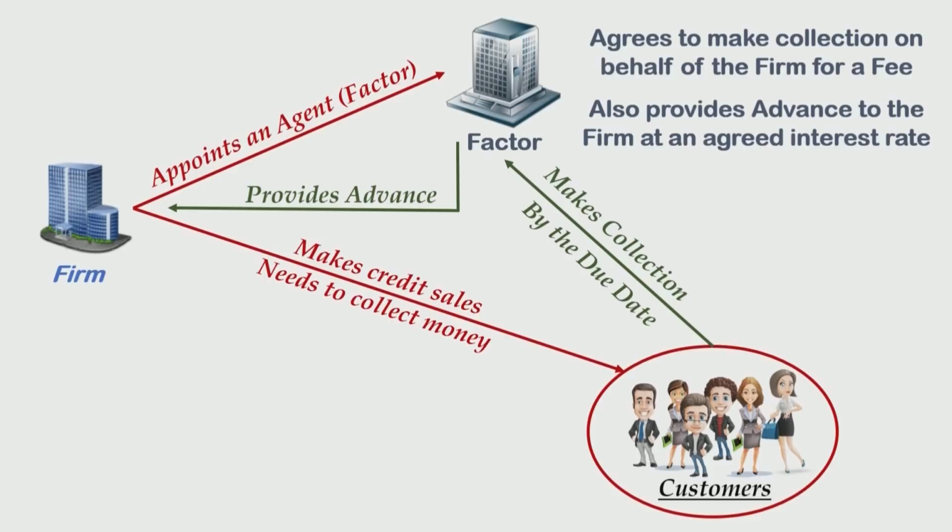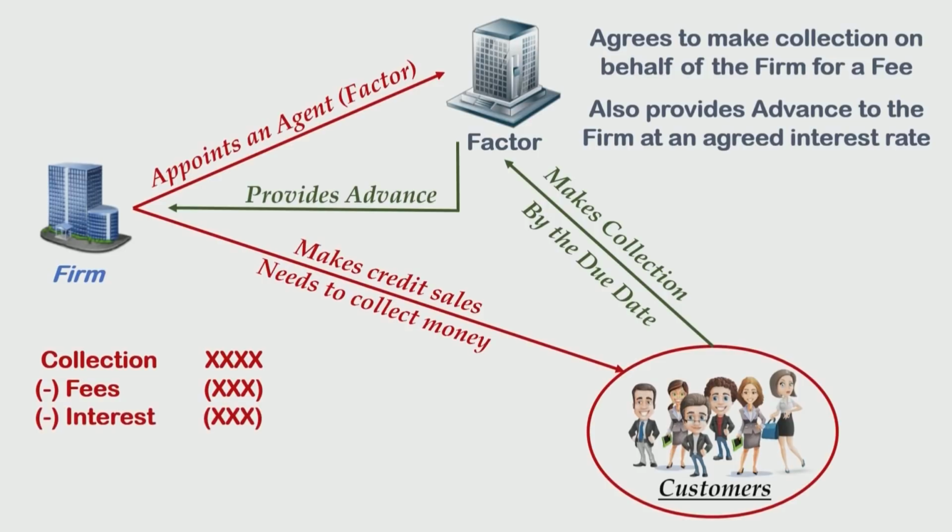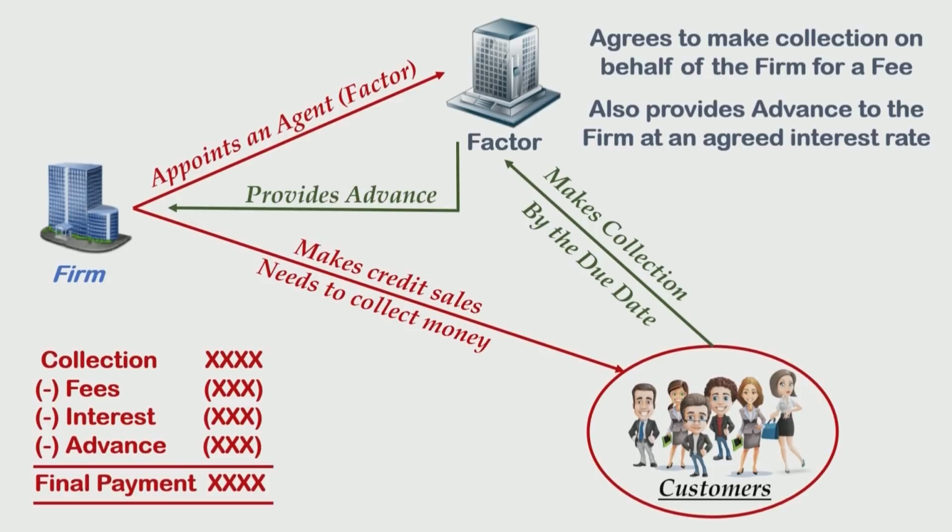From the total amount collected, the factor will deduct its fees, deduct interest on the amount advanced, and at the end deduct the amount advanced. The final balance is then remitted to the firm. So friends, whatever you are finding on screen is nothing but the picturized version of what we call factoring.